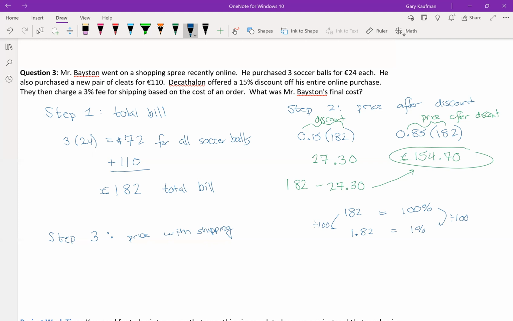So again, we can do this as saying 0.03. Now we have a new 100%. It's 154.70. Or we can say 1.03 times 154.70, because this will include the original 100% and the 3%. So I'm going to multiply by 1.03 because I'm going to go straight to the answer.